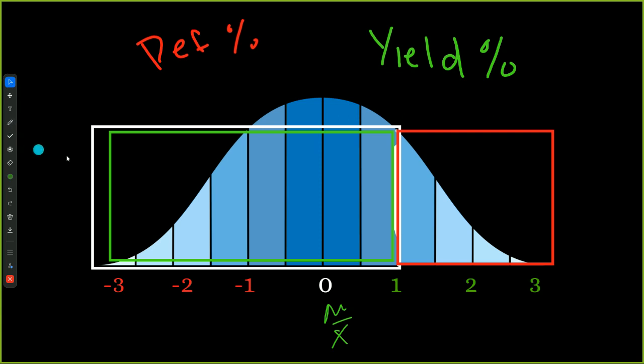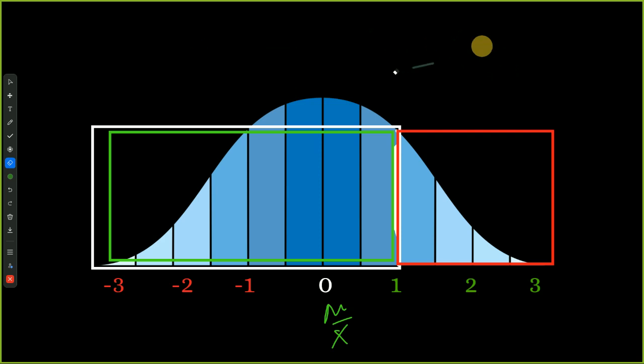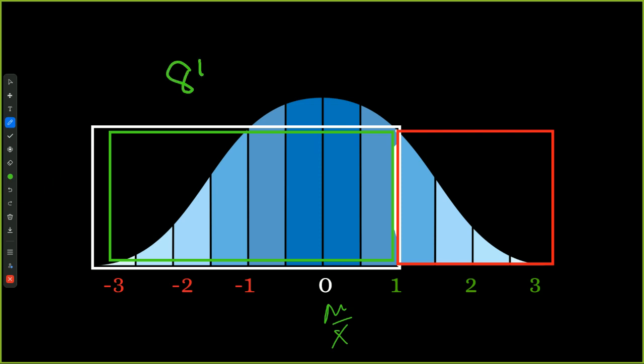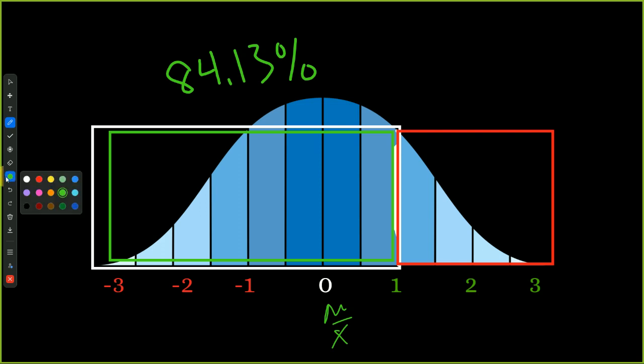So when I draw this out, I should have a range. Let me change this; I want to do this a little bit different. I have a yield value of 84.13% with a defect rate that's essentially going to be 0.159%.